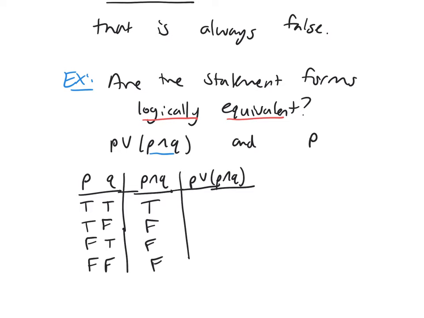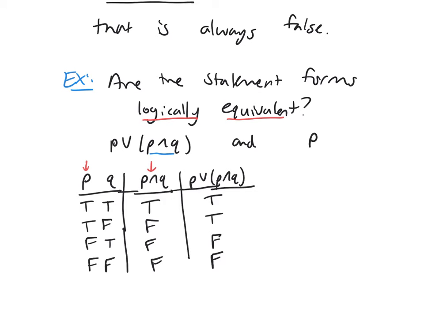And now you're going to take this last column we just made and the column P and put an or between them. So here it's true, true, true, or sorry, true, true, and then here they're both false, so false and false.